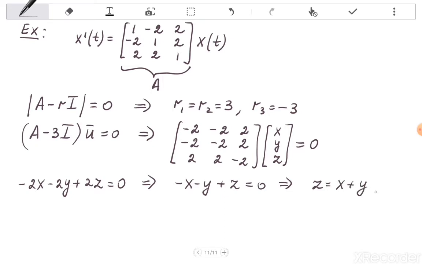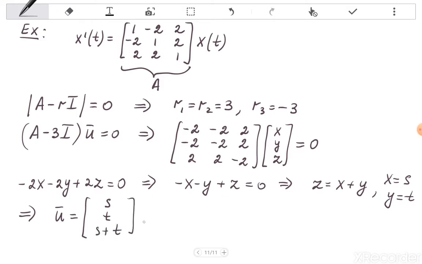So let's introduce 2 parameters. Let's say x is s and y is, let's say, t. And in this case, it's not a solution yet, this is the eigenvector: x is s, y is t, and z is s plus t.